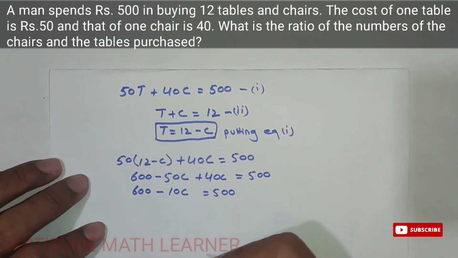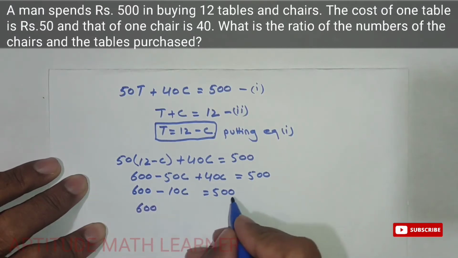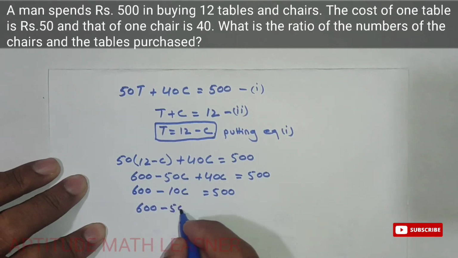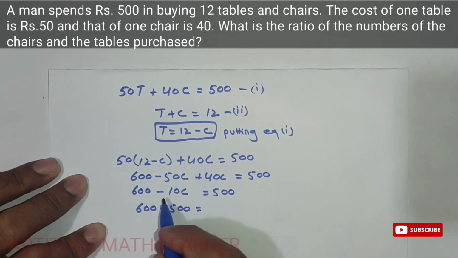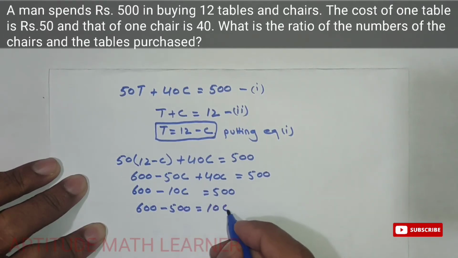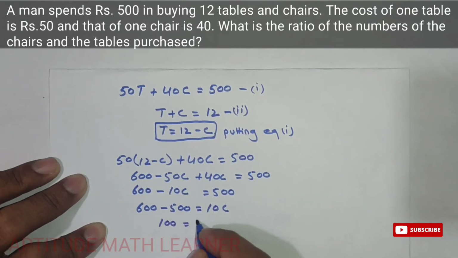Now to find the number of chairs, the 600 goes to the other side of the equal sign and becomes minus 600, and the 10C portion goes to this side and becomes plus 10C. So how much does it become? It becomes 100 is equal to 10C.